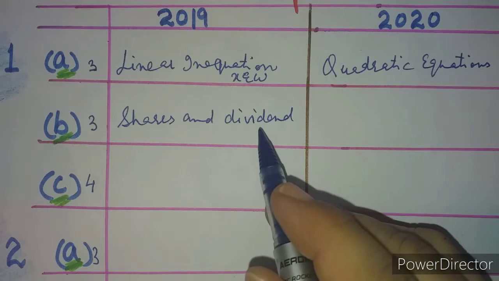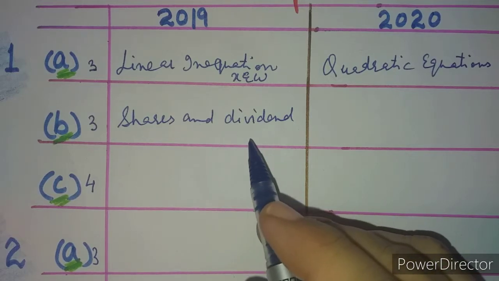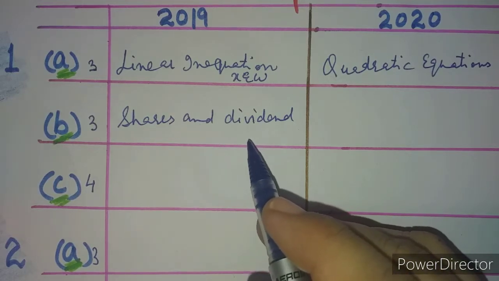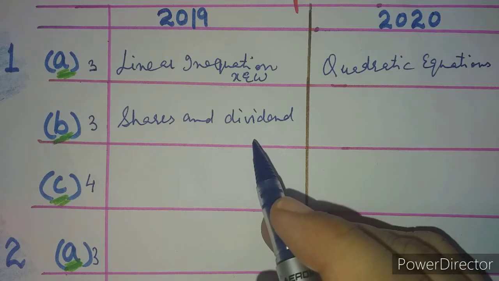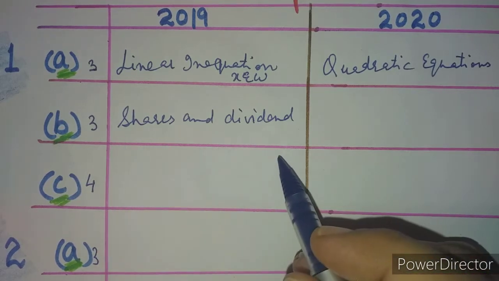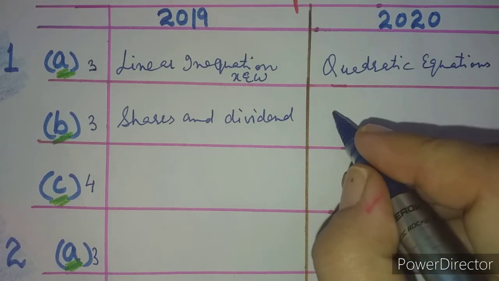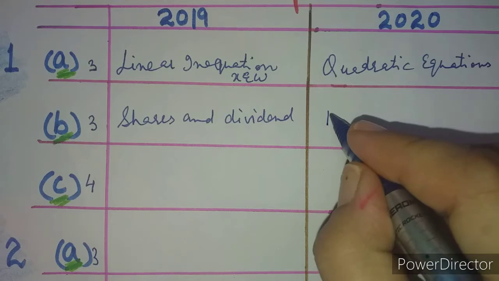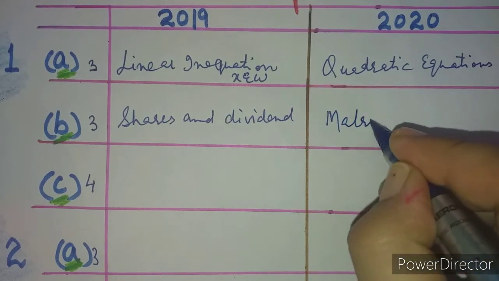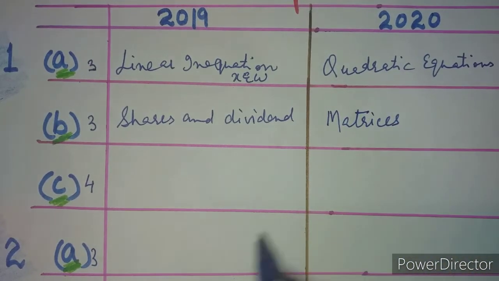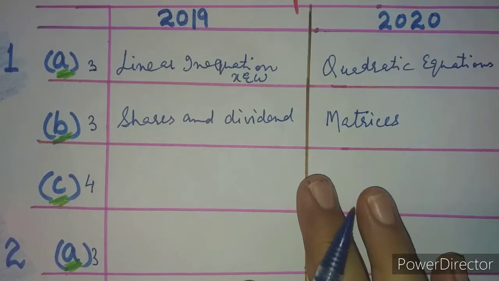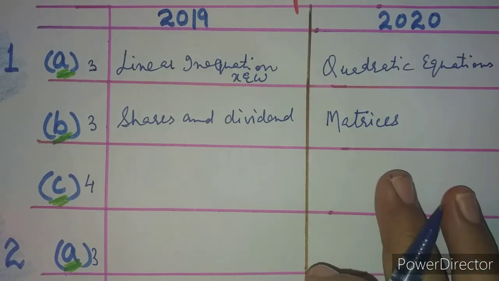Otherwise, generally the shares and dividend question would be of 4 marks containing 3 or 4 subparts and would be asked in section B only, but it is not like that, right? Then in 2020, question number 1 part B was asked from the chapter of matrices. See, different types of chapters are being included every year.